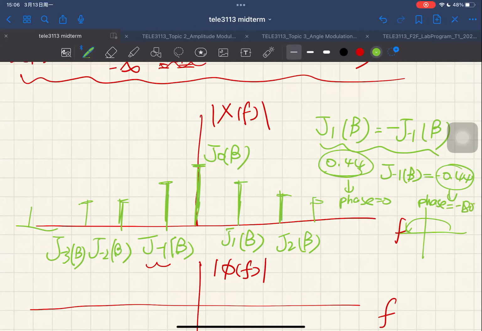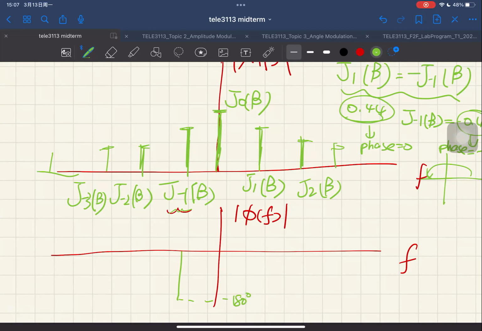So if the question asks you to sketch the phase spectrum, especially for the odd and negative orders, you're going to have a phase of negative 180 for those. Is that clear? For the rest of them, it's going to be 0.